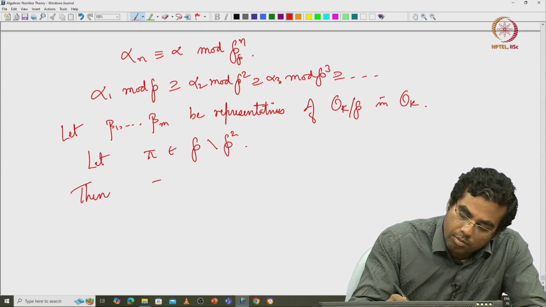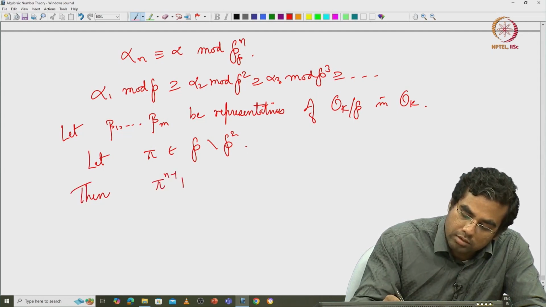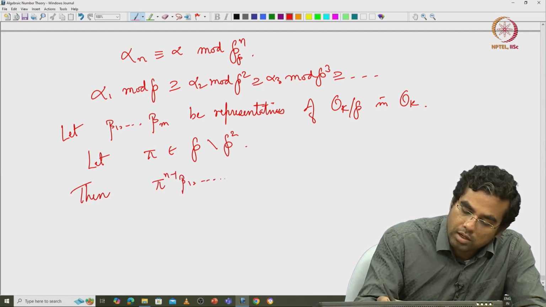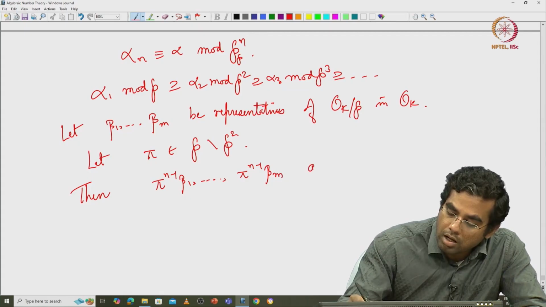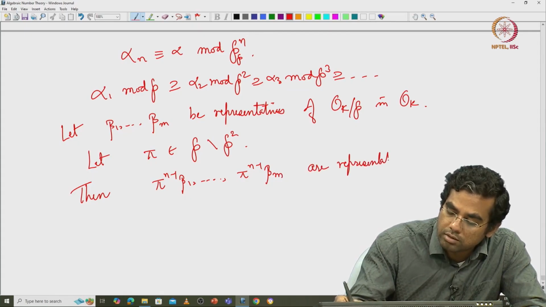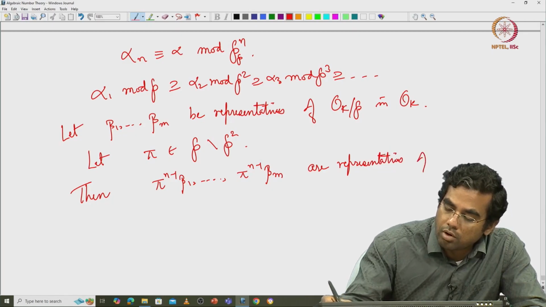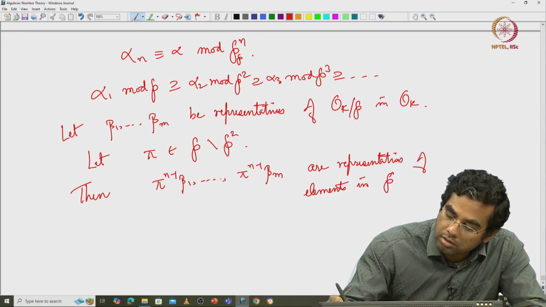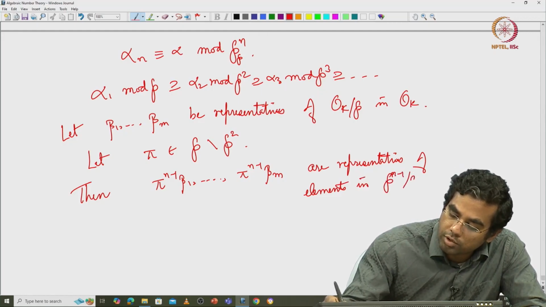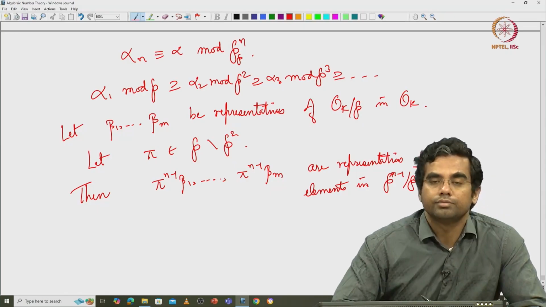Then pi to the n minus 1 beta 1 up to pi to the n minus 1 beta m are representatives of elements in P to the n minus 1 modulo P to the n. Okay.